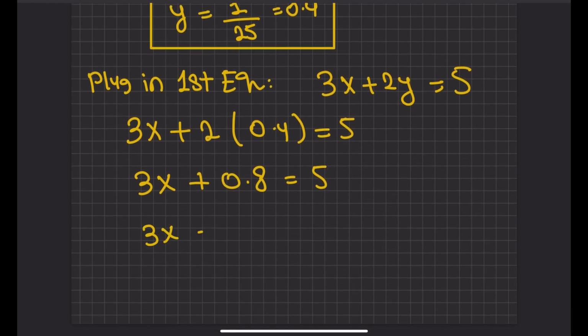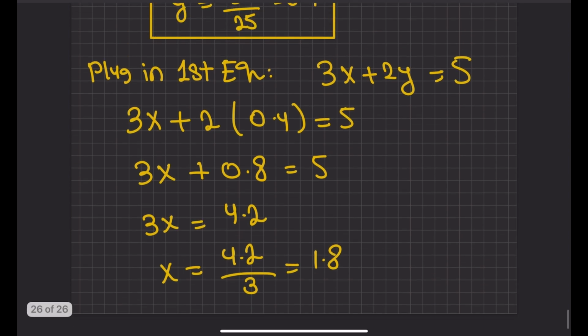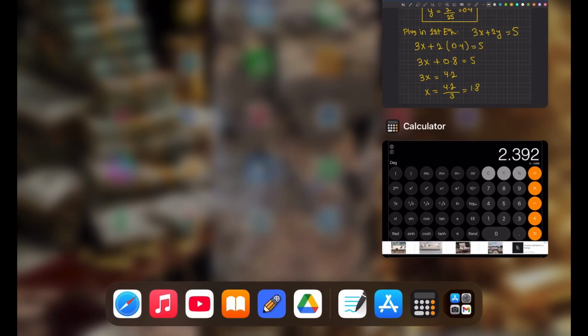So 3x equals 5 minus 0.8, which is 4.2. In order to find x, I have to divide both sides by 3. So x equals 4.2 divided by 3, which is 1.8. I think so, let me just double check it.